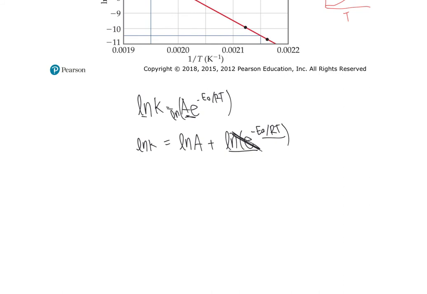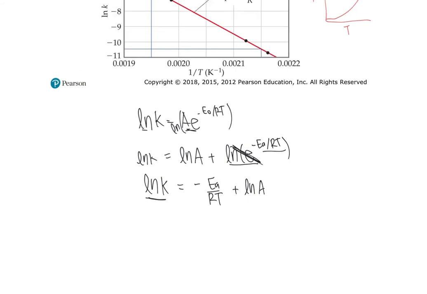So what I get is natural log of k equals negative Ea over RT plus natural log of A. I just moved that over. So this means that if we plot, again, natural log of k over 1 over T, then my slope will give me some interesting info.